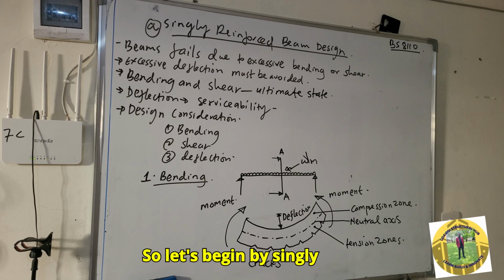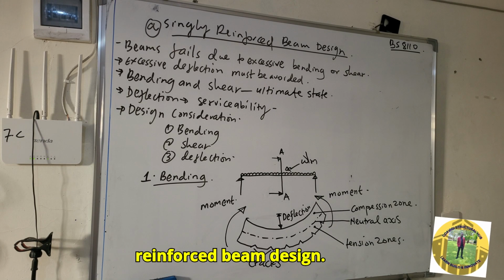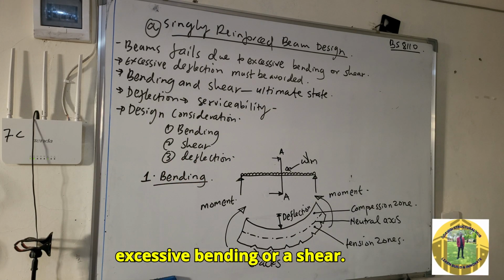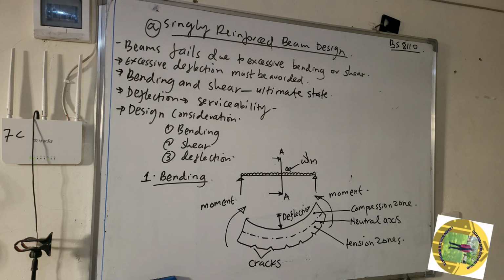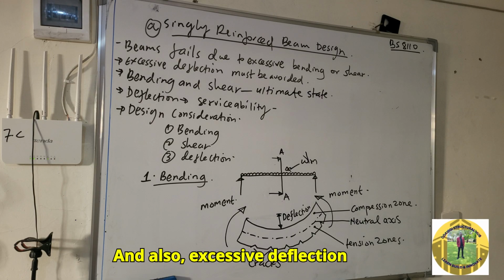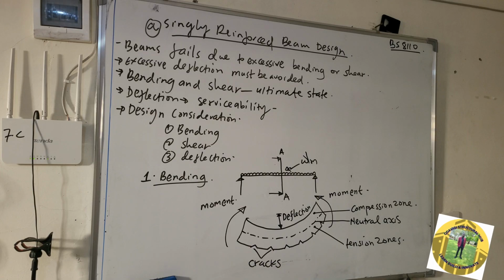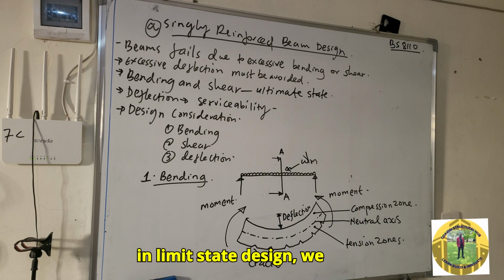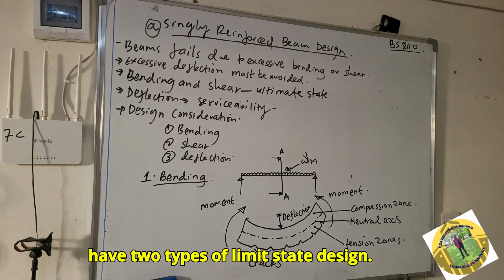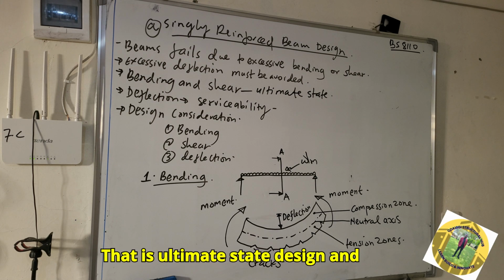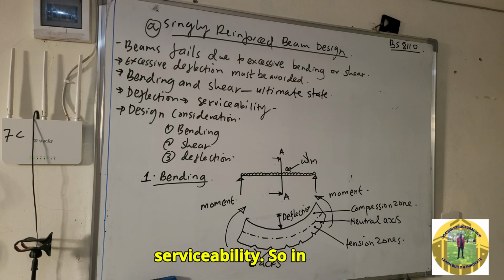So let's begin with singly reinforced beam design. We know that a beam fails due to excessive bending or shear, and excessive deflection must also be avoided. In limit state design, we have two types: ultimate limit state design and serviceability.